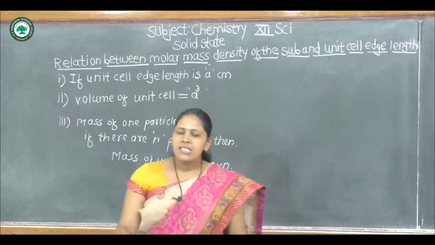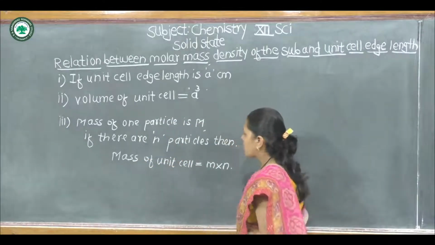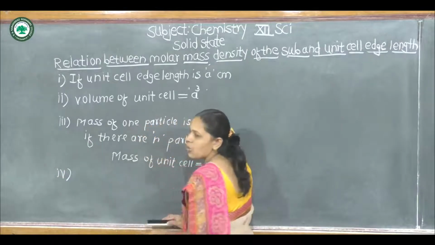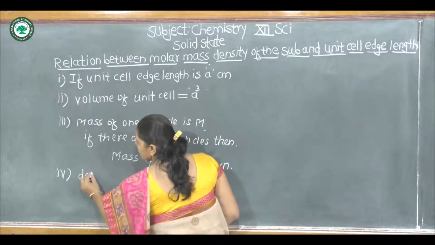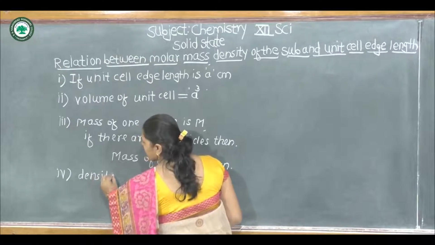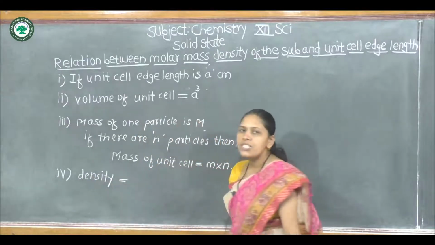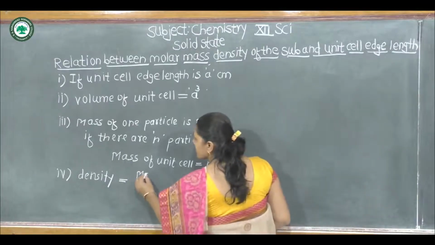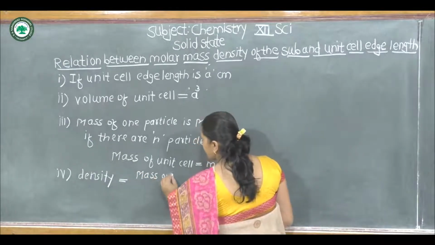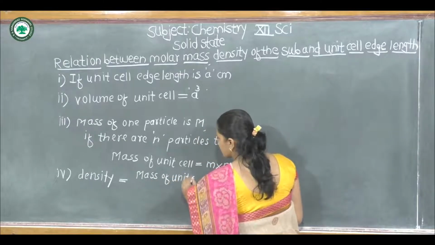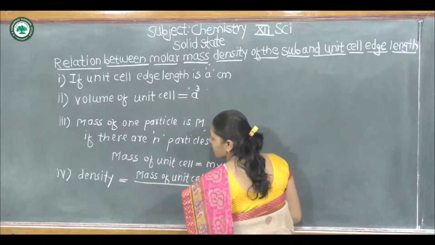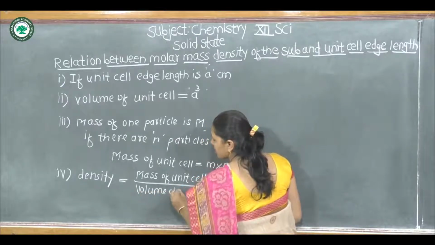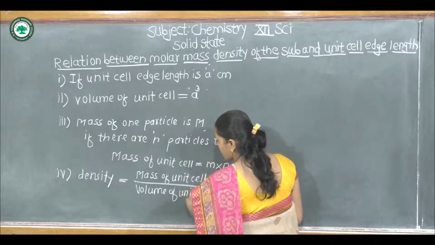Fourth, we know that the density of the unit cell, denoted by rho, is equal to the mass of the unit cell divided by the volume of the unit cell.